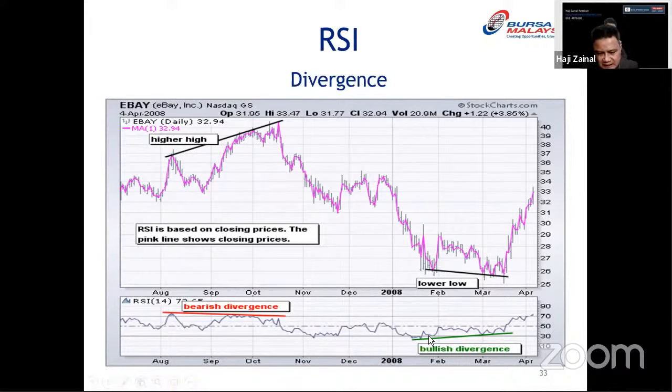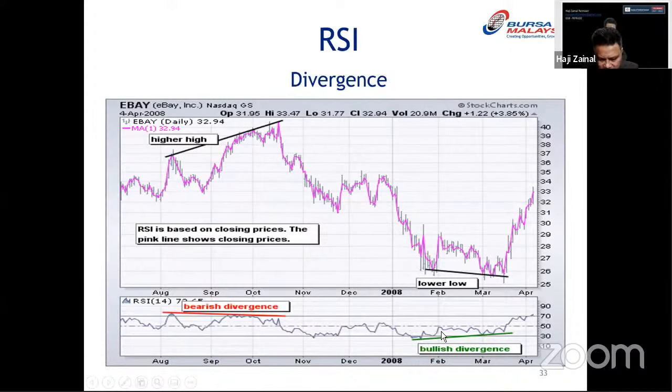Bullish divergence here is when the price action creates a lower low, or a lower trough, but the RSI is making a higher low.